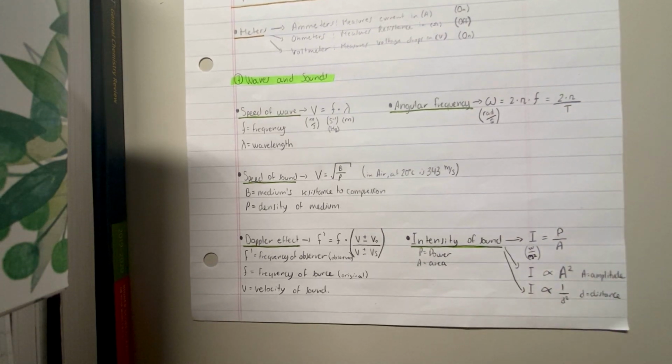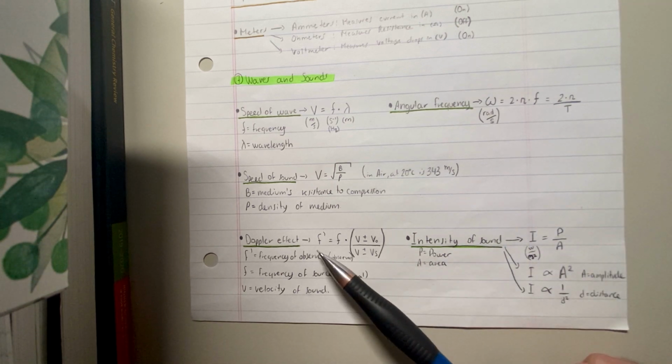Now the next one would be the Doppler effect, which is one of the most important equations in this chapter. This basically states that the frequency will be altered from the original frequency if the source or the observer are moving towards or away from each other.